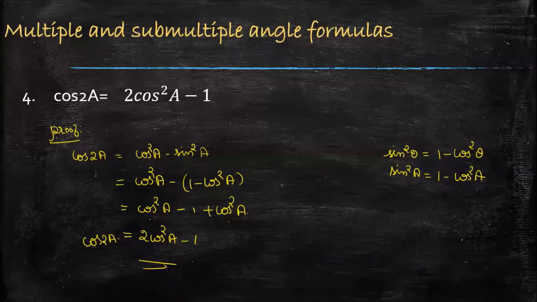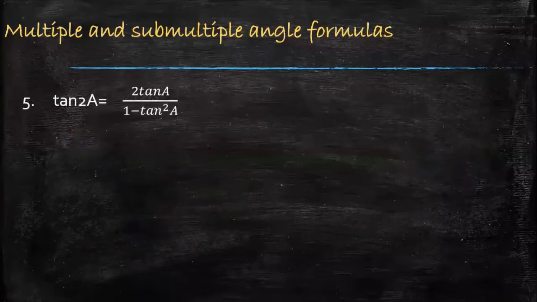The next formula we are going to prove is this. For the tan function of angle 2a, we are going to find the expression for the tan function of angle 2a. That is this. Let us prove this. Just as we proved the formulas for sin 2a and cos 2a, we have to prove it in the same way here.